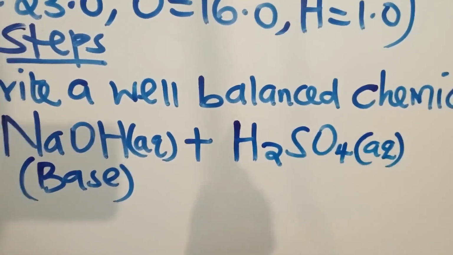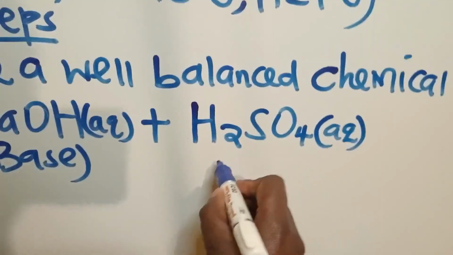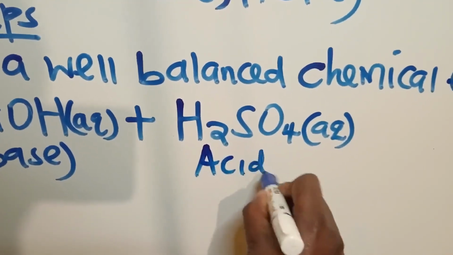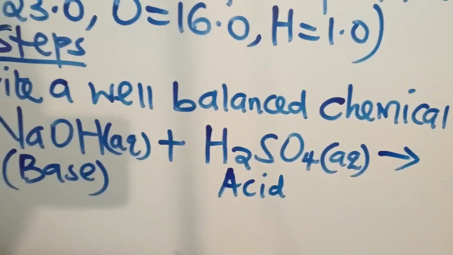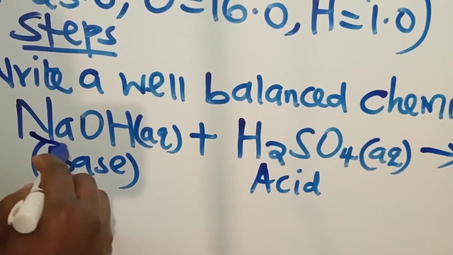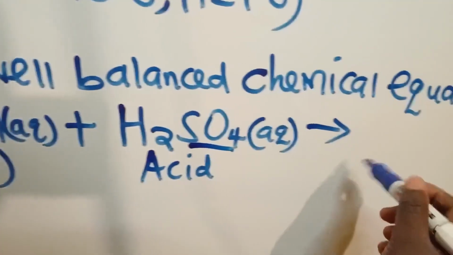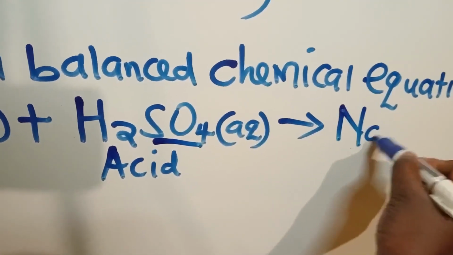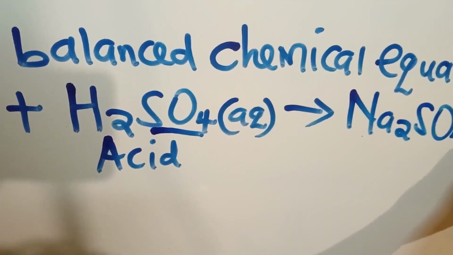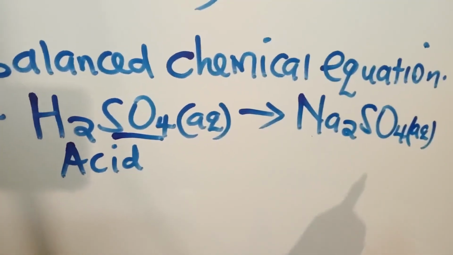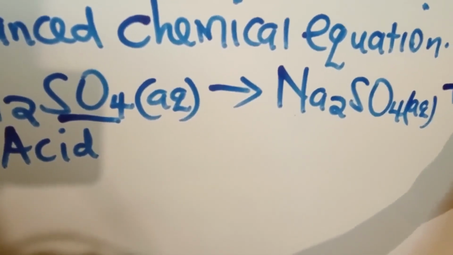Acids are also in the aqueous state, so this is the acid. The products usually take the metal and the radical here, so giving us sodium sulfate, also in the aqueous state, then plus water.